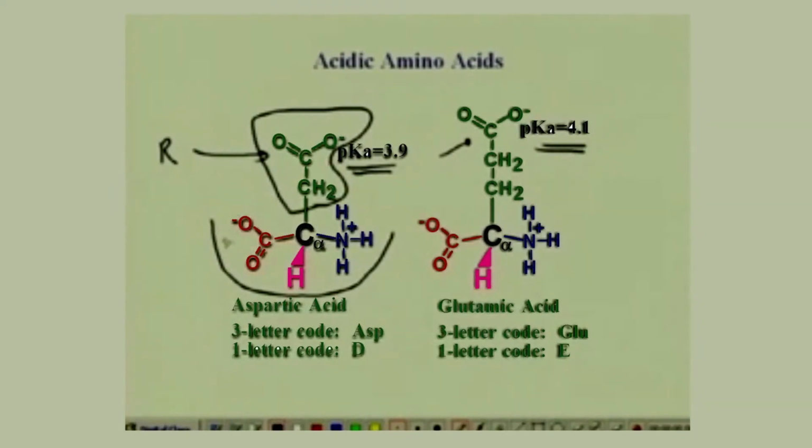Similarly, this has lost its proton, but this has not. What does this mean? It means that the pKa value of this amino group is actually higher than physiological pH, which is why it has still kept its proton attached to it.